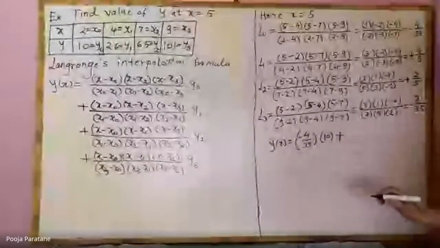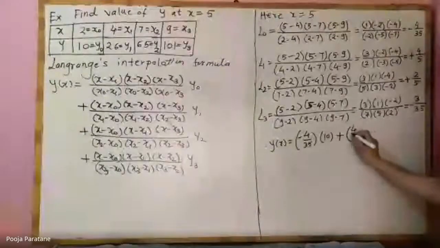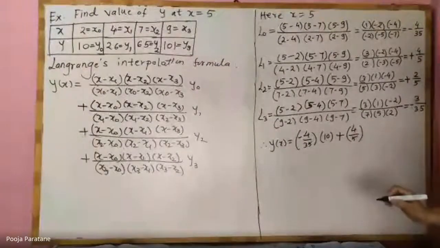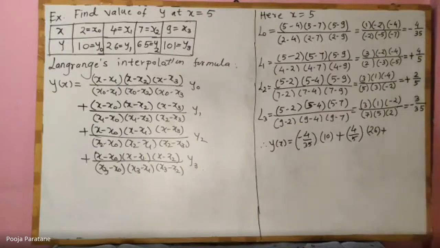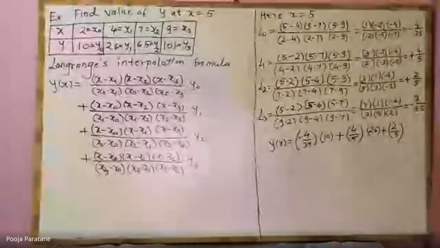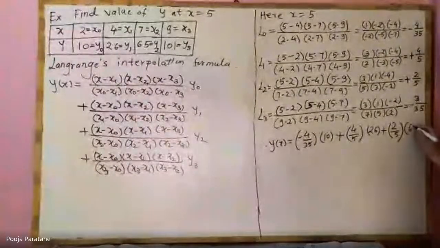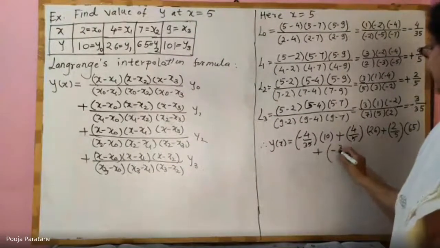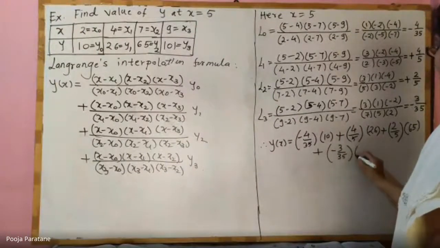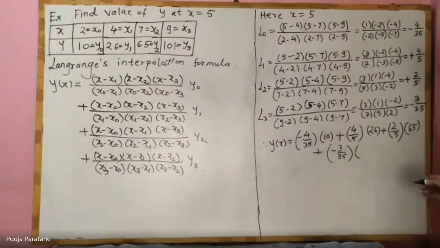Now L1 is 4 upon 5, and the corresponding y1 is 26, plus L2 is 2 upon 5 and y2 is 65, plus the last value, minus 3 upon 35 into y3, which is 101.